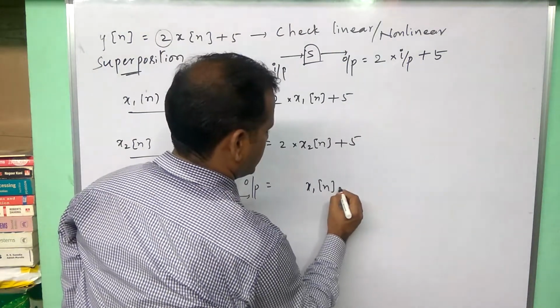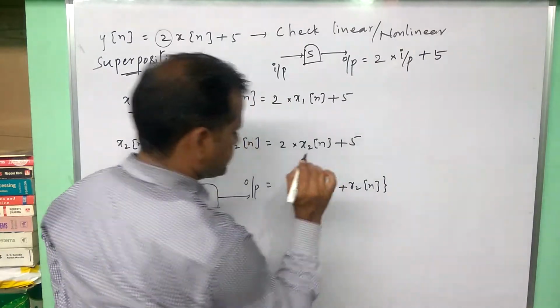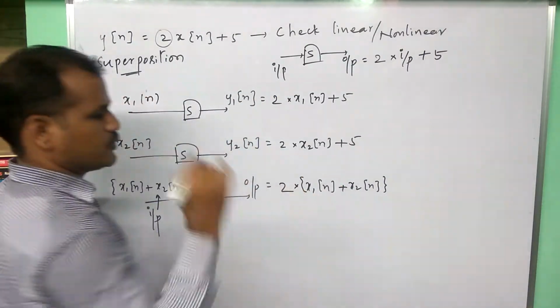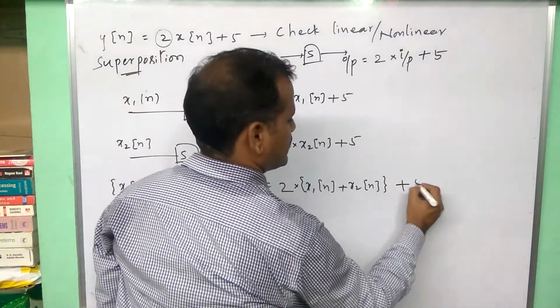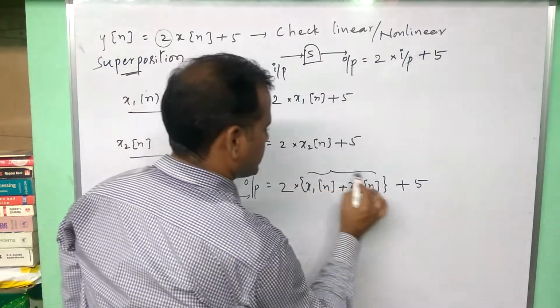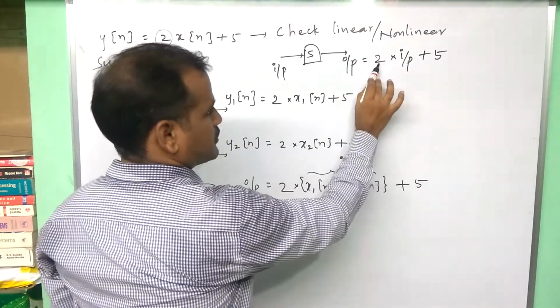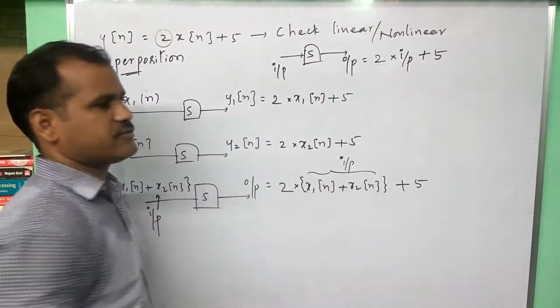The system multiplies the input with 2 and then adds 5. Whatever the input you apply, multiplying with 2 and adding with 5 is the nature of that system.